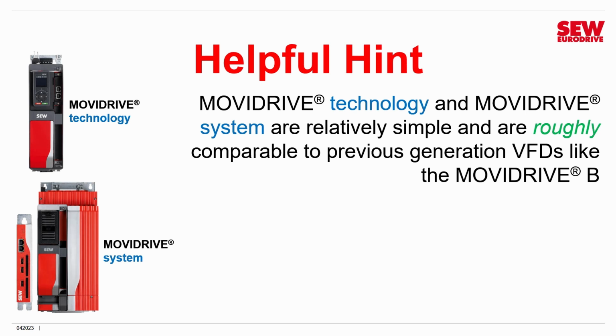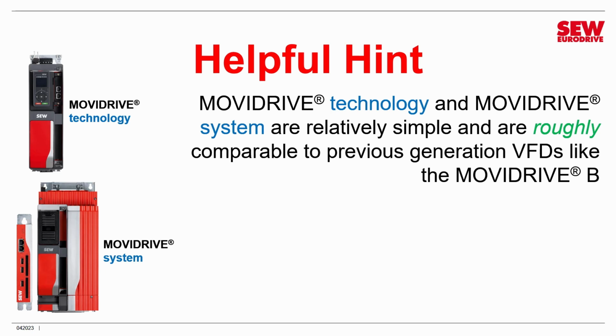Let me give you a helpful hint just to help you get oriented in all these products and all these product branches. MOVI-Drive technology and MOVI-Drive system are relatively simple products to learn, and I will say they are roughly, and I stress roughly, comparable to previous generation VFDs like the MOVI-Drive B, which was our flagship product for many years.